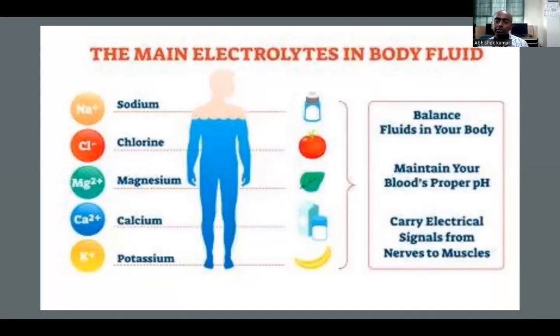Chloride we get in tomato and a lot of vegetables. Magnesium from green leafy vegetables, calcium from dairy products like milk, egg, lots of things. Potassium, banana is a good source of potassium.